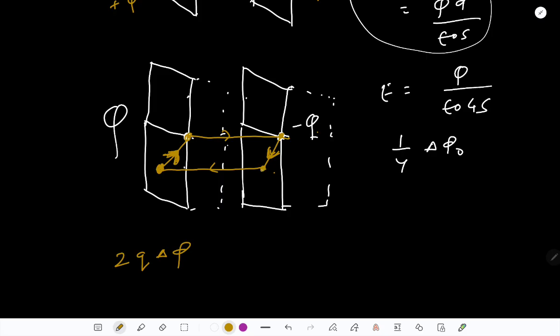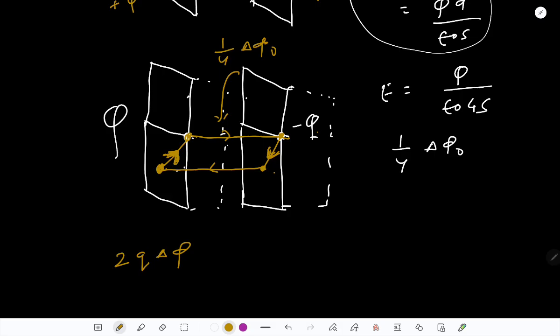And again, if you move from here to here, this is higher and this is lower potential, and this potential difference is basically 1 by 4 delta phi naught, and this potential is lower and this potential is higher.